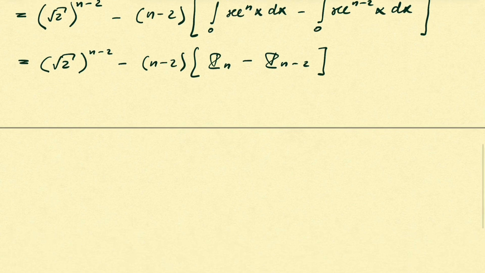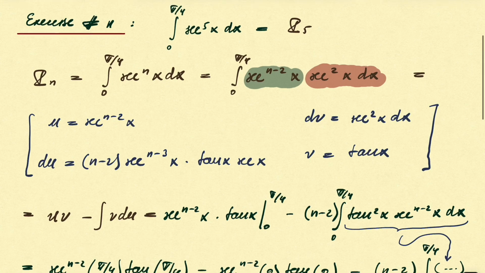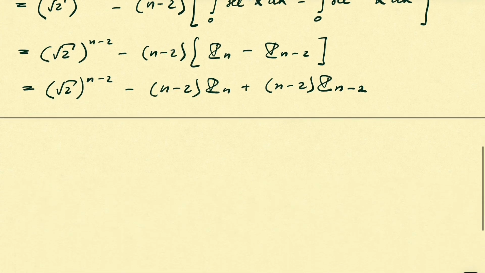Now simplifying this a little further, we obtain, first, the square root of 2 to the power of n minus 2 minus n minus 2 times I of n plus n minus 2 times I sub n minus 2. Now, because this whole expression from earlier on is I sub n, we just write it here, it's equal to I sub n.